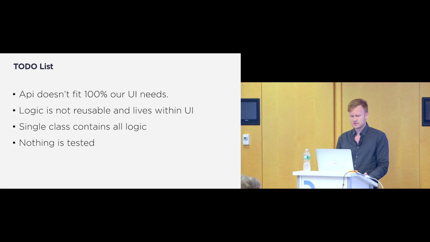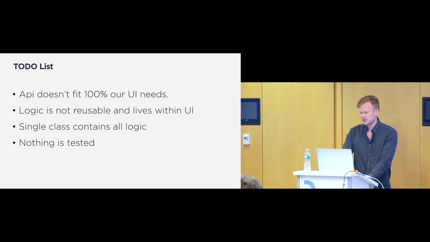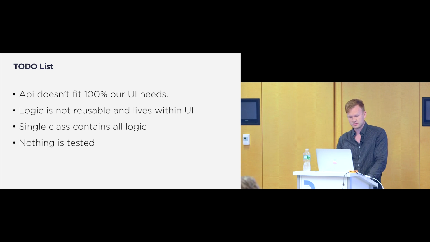The second problem is that logic around fetching and caching lives inside the view, and if we ever need to reuse it somewhere else, we have to duplicate that code. And the third problem: since now everything is concentrated within a single class, it will likely become some kind of God class whenever the code base becomes bigger. And obviously, nothing is tested at the moment.